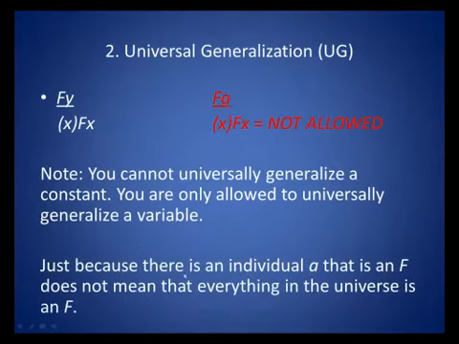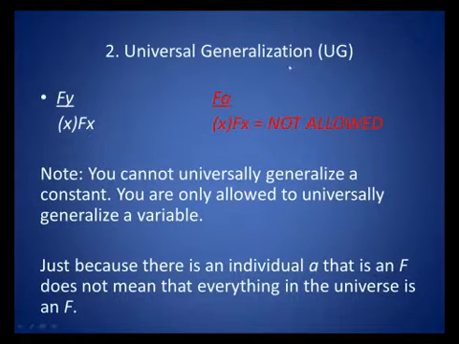One is that just because there's an individual a that is an F, which is what this says, remember this is a singular statement, so what I'm telling you is that there's an a that's an F. So for instance, maybe a stands for atom and F stands for fantastic. I'm claiming atom is fantastic. That does not mean that everything in the universe is an F. So in other words, just because atom is fantastic doesn't mean that everything that exists is fantastic.